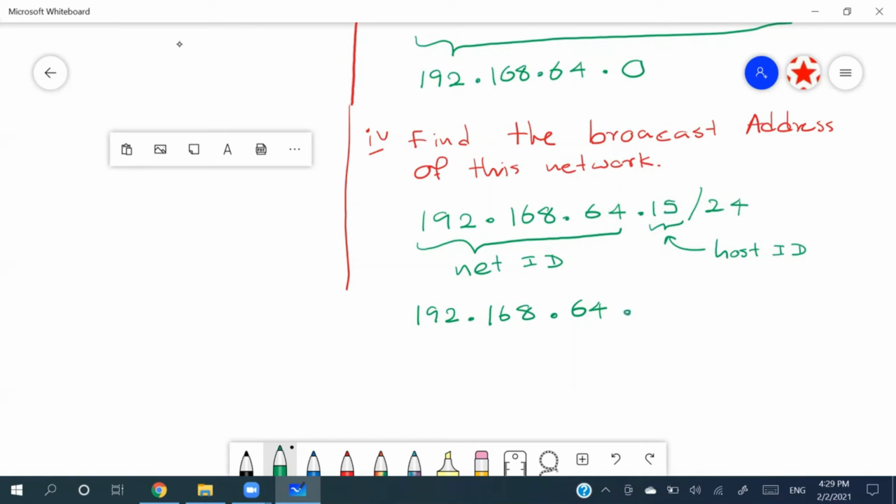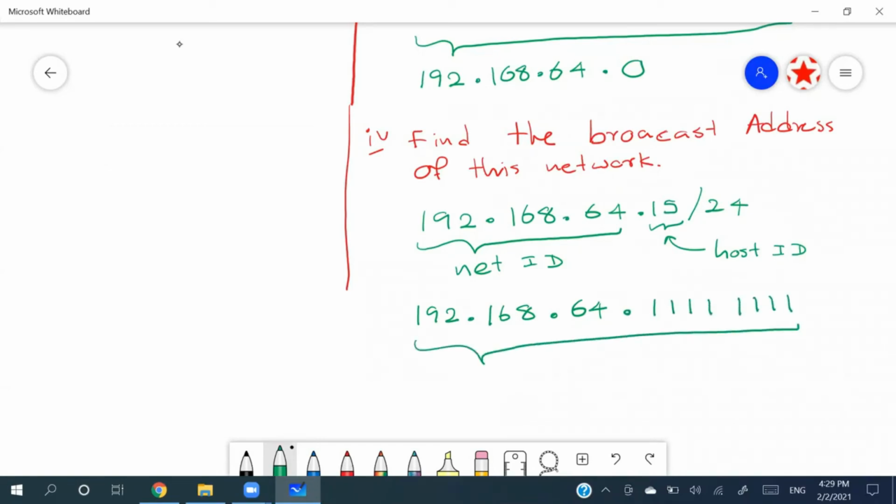Then my host ID is going to be all ones. Which gives us 192.168.64.255.